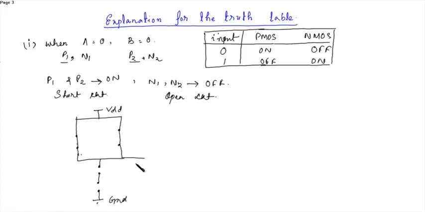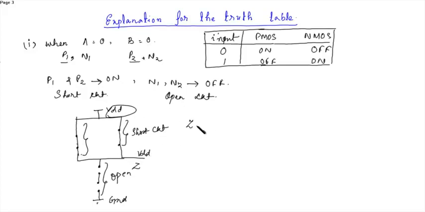So the output is at Z. Certainly, since these are open circuit and these are short circuited, and this is open circuited, even this is short circuited, and they are in parallel. So if they are in parallel, when either of this is short circuited, then the output will be driven as VDD.